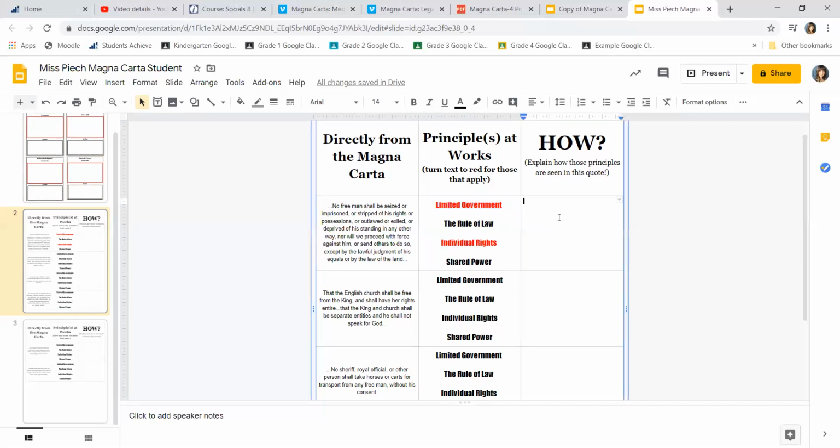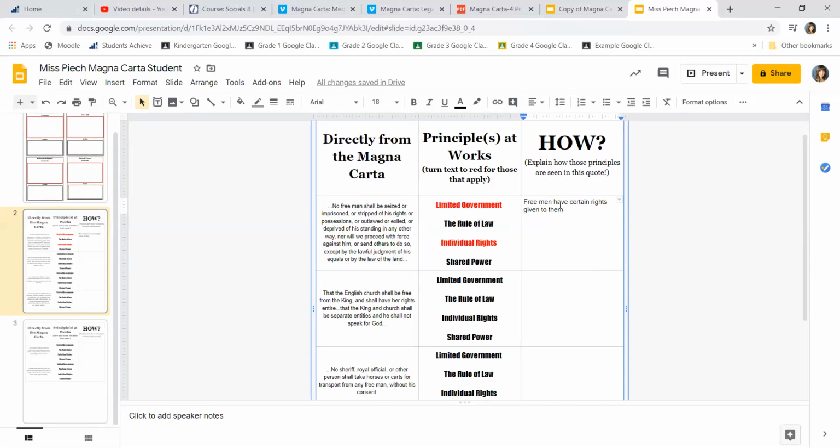And then, because this part says to explain how those principles are seen in this quote, I could just write something along this line. You are welcome to make the writing a little bit bigger if it's way too small. Actually, I'll do that for the purposes of this video, so you can see it more clearly. So free men have certain rights given to them.